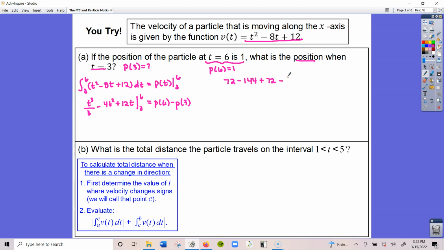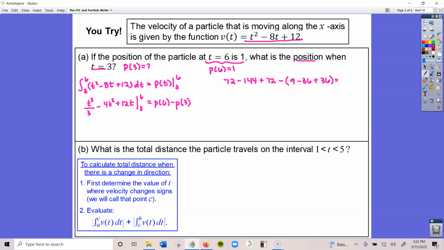Now I'm going to subtract and plug in the 3. 3 to the third is 27, and 27 divided by 3 is 9, minus 3 squared is 9 times 4 is 36, plus 12 times 3 is 36.